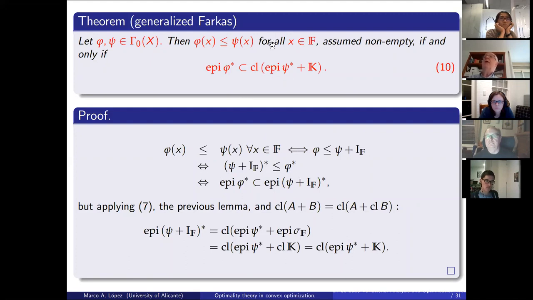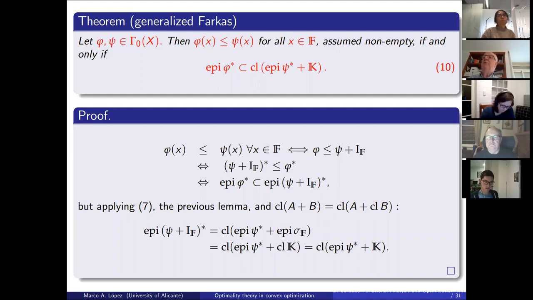Okay, this relationship here is equivalent to this one: the function phi minorizes psi plus the indicator on the whole space. But this is equivalent to the opposite inequality for conjugates. And this is also equivalent to the fact that the epigraph of the bigger is included in the epigraph of this one. But applying property 7 that I put before, the epigraph of the conjugate of the sum is the closure of the sum of the epigraphs of the conjugates.